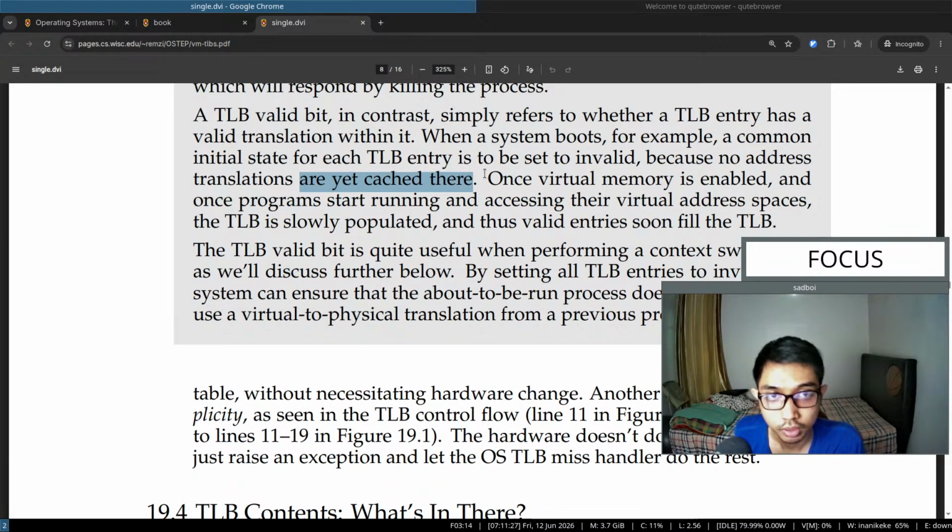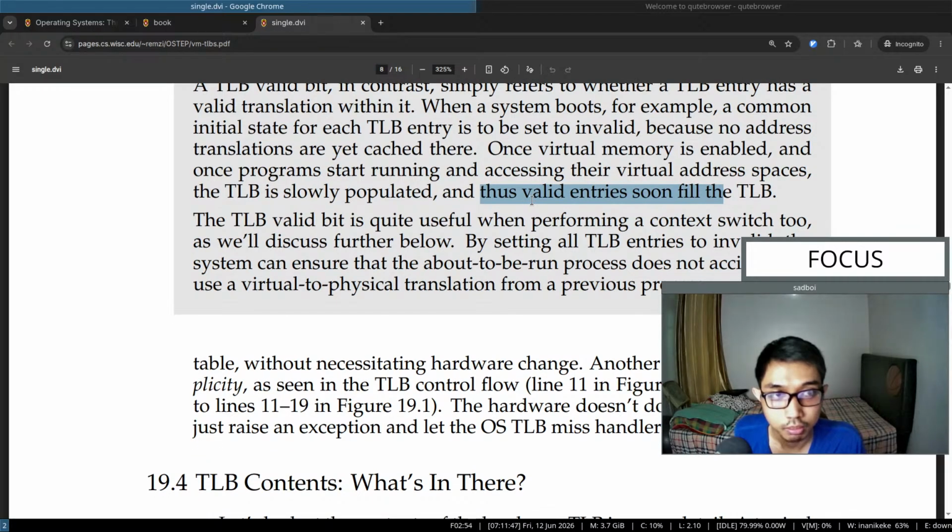Okay. Once virtual memory is enabled and once programs start running and accessing their virtual address spaces, the translation lookaside buffer is slowly populated, and thus valid entries soon fill the translation lookaside buffer.